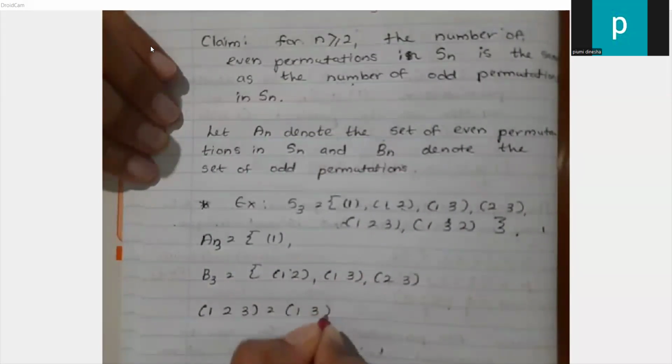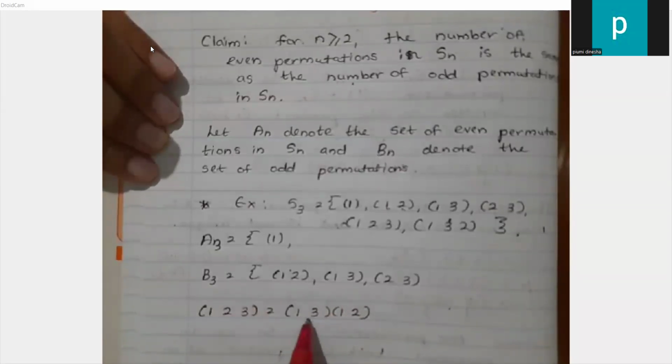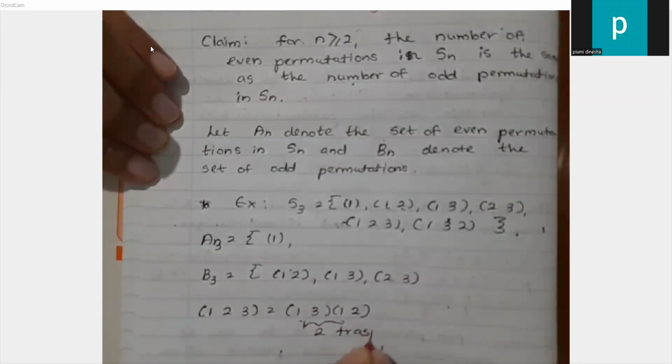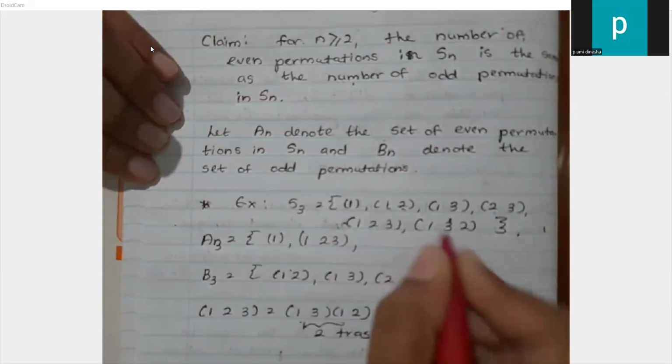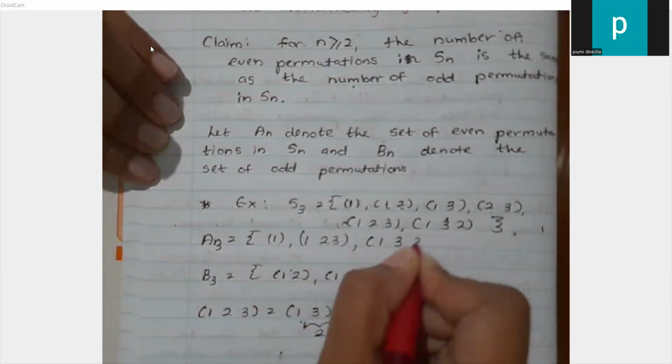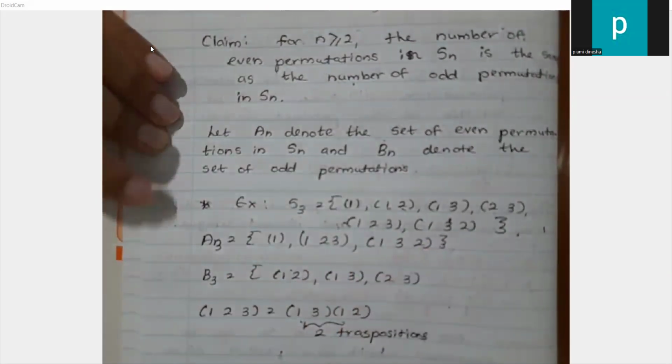You can write it as (1 3)(1 2). How many transpositions are there in this product? 2. So the permutation itself is even. So (1 2 3) belongs in here. (1 3 2) also will go in here.